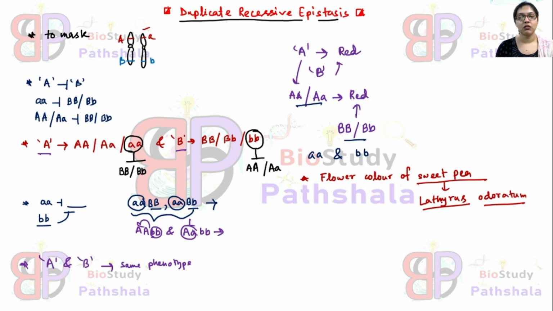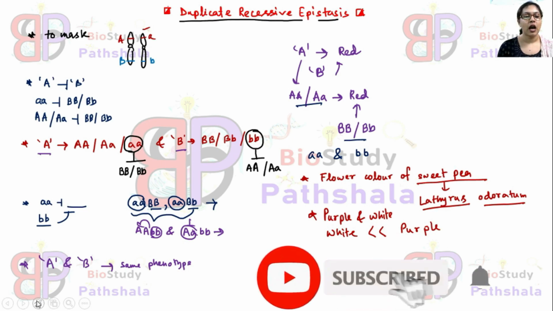So this plant's flowers show two types of colors. These are purple and white, and in between these two colors, white is much more recessive than purple color, and these two colors are results of two genes.